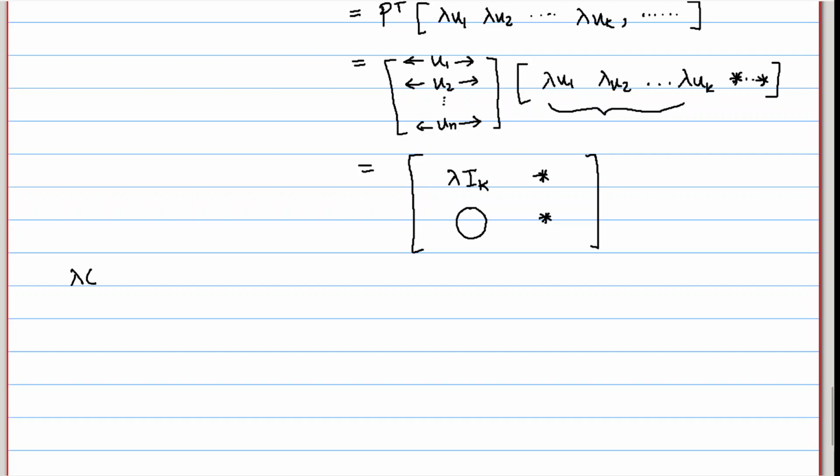We started with an eigenvalue lambda of A, and then we showed that lambda is an eigenvalue of P transpose A P. What is P? P is the matrix formed by the eigenvectors, not precisely, but the eigenvectors extended to form a basis. This is how we showed it.